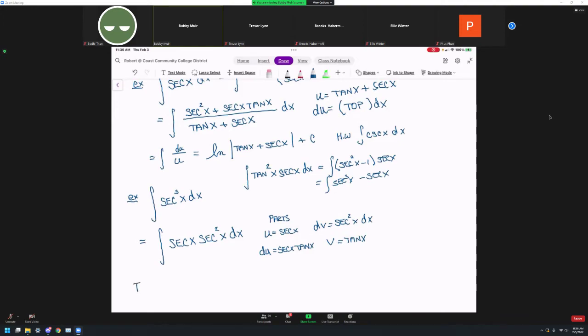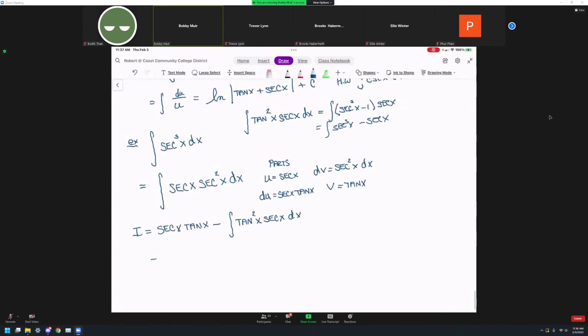So our integral is going to be uv minus the integral of v du. Okay, now notice that that is that thing upstairs, up above that I had already pointed out.